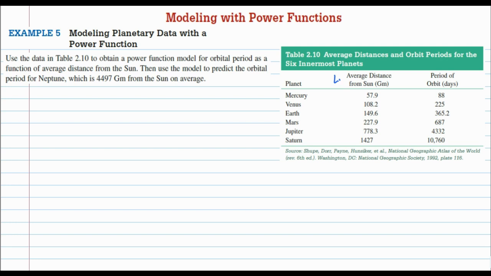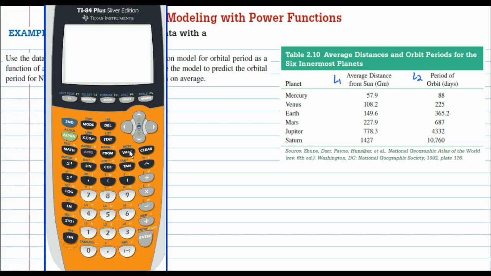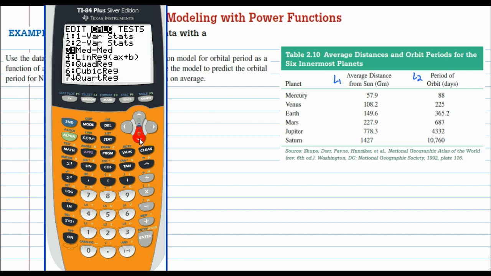So I'm going to put the average distance from the sun as my x values in L1, and then the period of orbit in L2. Go ahead and enter those into your calculator. Now on my calculator, I hit Stat, arrow to the right to Calc, and I would like to come up with, you guessed it, power regression.